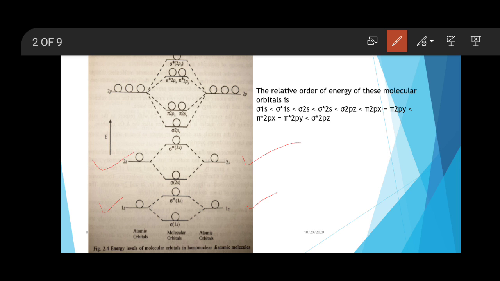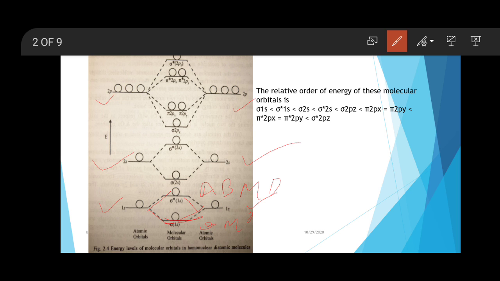In the same way, when the 2s orbitals of two different atoms combine, they must also have the same energy levels, which is the same for 2p orbitals also. Once the 1s atomic orbitals of both atoms combine in this fashion, there is formation of one bonding molecular orbital called BMO, and the other is an antibonding molecular orbital called ABMO.